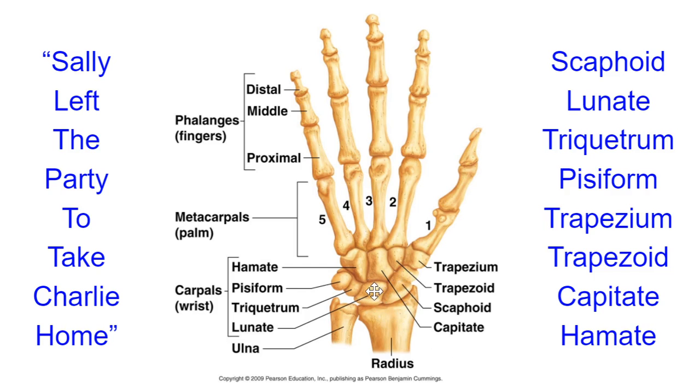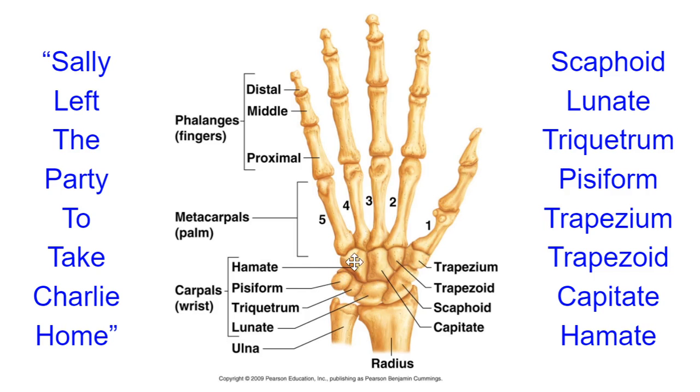Luna means moon, I guess it's moon-shaped. And then this one's kind of an odd shape, it kind of ducks underneath this next one over, the triquetrum. And then this little kind of P-shaped bone is called the pisiform. Okay, so those are the first 4.